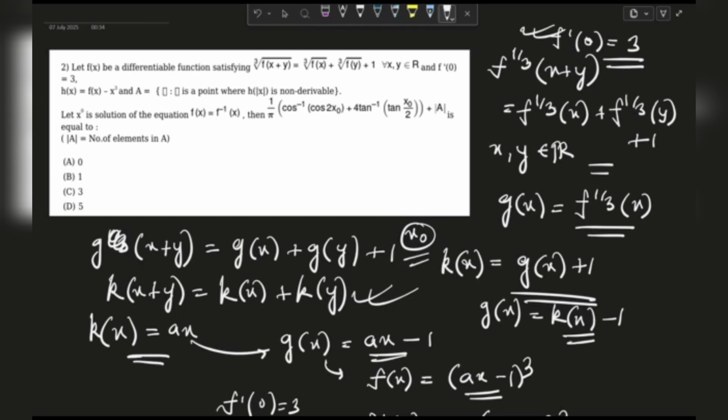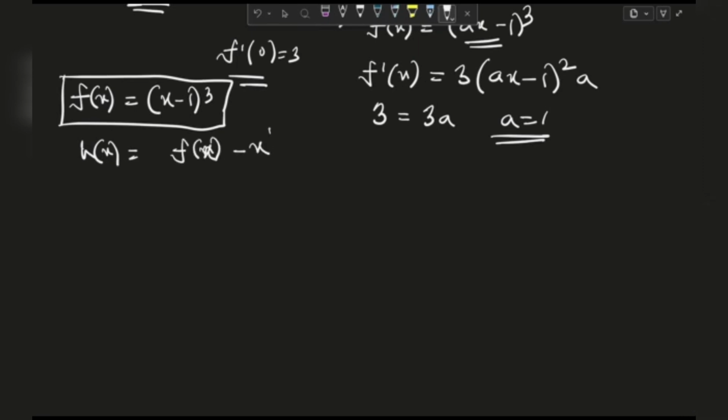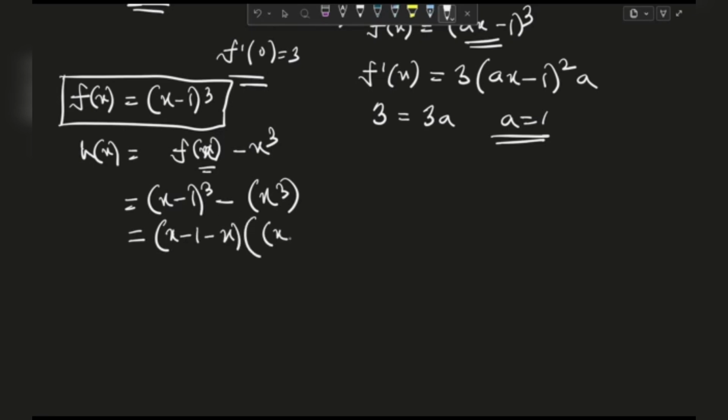I will first try to find out h of x. So our h of x was given as f of x minus x cube, so (x minus 1) whole cube minus x cube. Rather than opening this bracket and manipulating all that, which would become a really hectic expression, we will apply a cube minus b cube. So a cube minus b cube will come out to be (a minus b) times (a square plus ab plus b square).